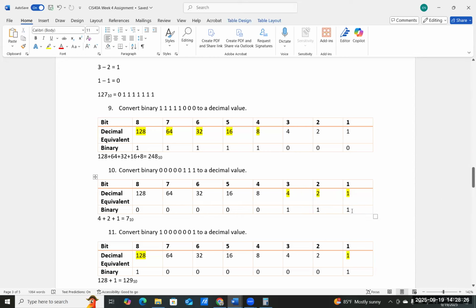So 1, 2, 4. So that's going to give you 7. And then the next one is really easy. You have the 128 bit and the 1 bit that's on, right? So 128 plus 1, 129.